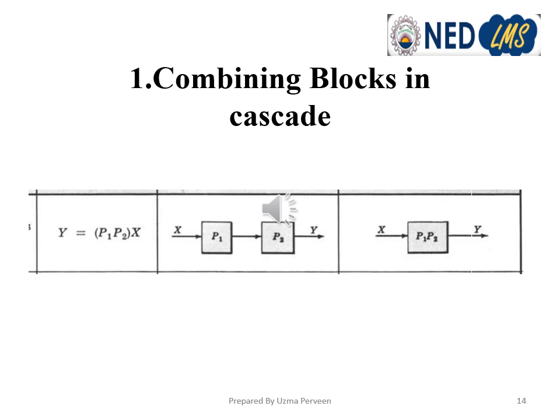The important thing is that whenever we apply some reduction technique, before and after the transformation or the reduction, the expression for the variables should remain the same. For example, here before the transformation we have two blocks P1 and P2 separately. The output variable is P1 P2 x, and similarly we have converted them into a single block having the transfer function P1 P2.